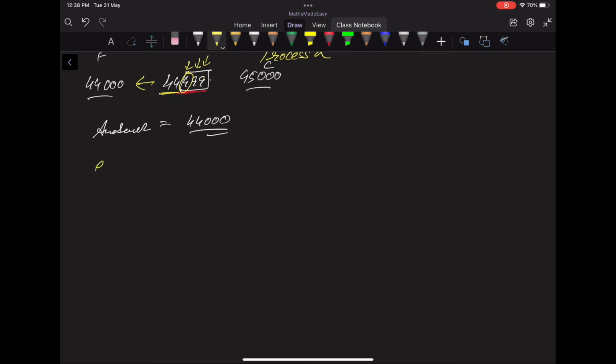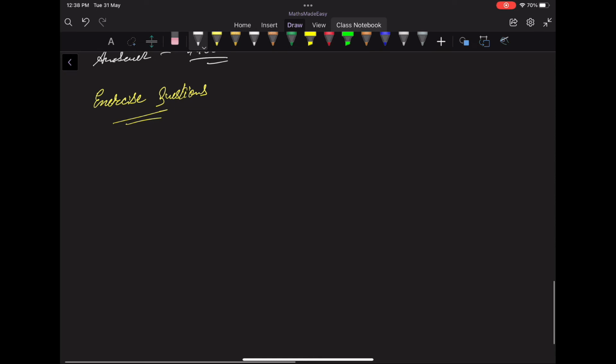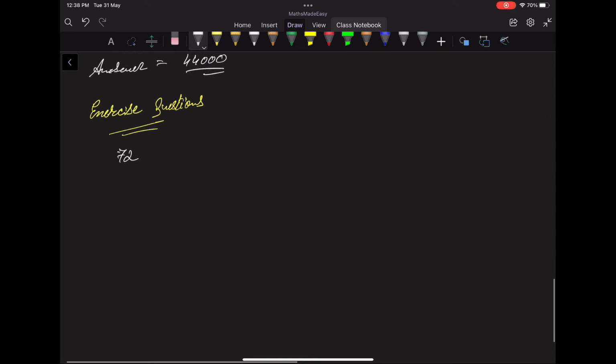These are a few exercise questions which I'm going to be taking from my book. It says add these two numbers, 72,443 plus 29,103. Do the actual calculation. So this is what the question states exactly.